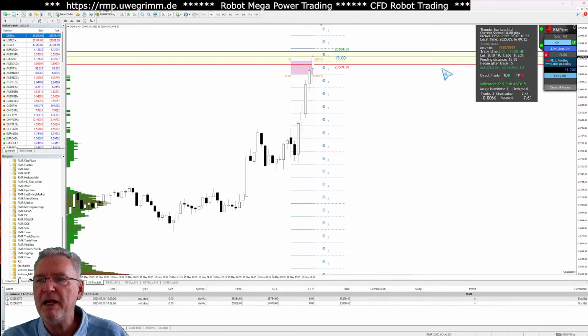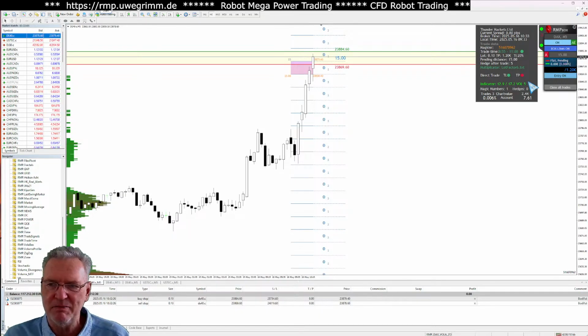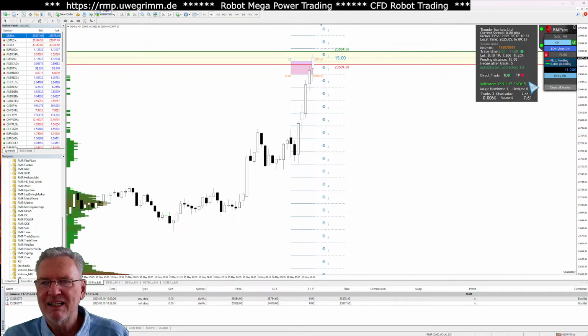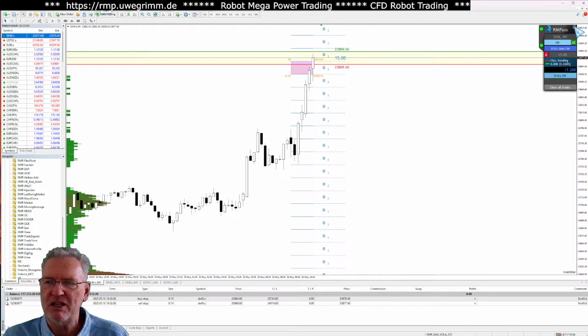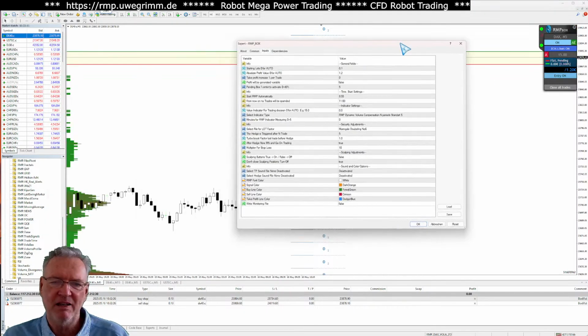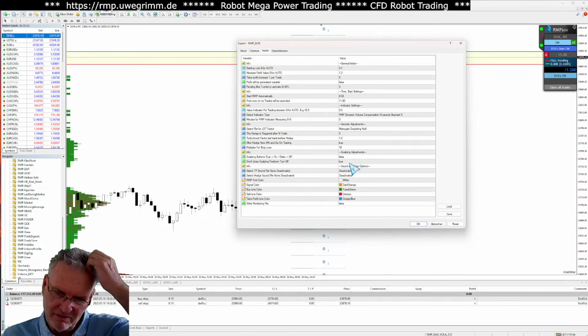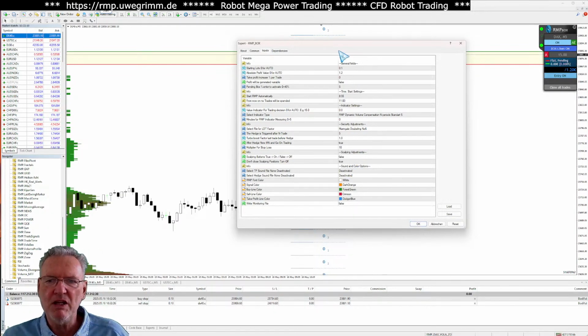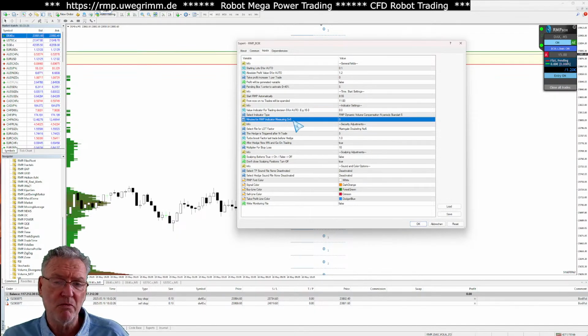Now this depends on the market, on your choice, however you want to trade. Everything is adjustable. In this kind of robot, there are a lot of adjustments. Believe me, there are a lot of possibilities. But you know what? When you don't adjust anything, like minutes for RMP indicator measuring, 0 means 5.